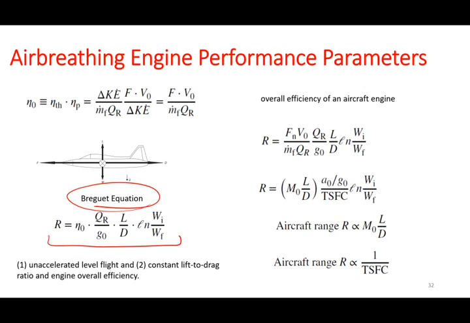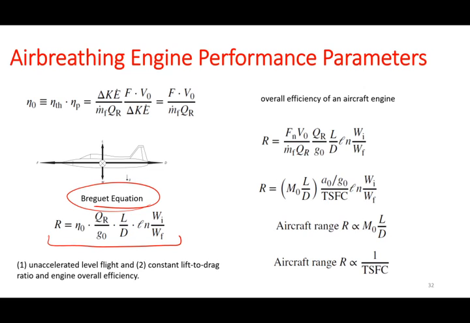Wi is your initial weight, and Wf is your final weight, right? Final weight is essentially the initial weight minus the weight of the fuel that you have burnt.